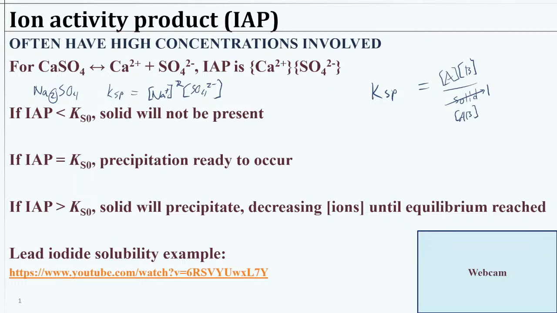Our ion activity product is much lower than the solubility product. Okay? We have no solids present. If it's equal, we are at that point where solids are starting to precipitate, going to have some precipitation, some of it going away. If we are above the solubility product, that's when the gold dust starts precipitating and we have solids forming. And that will decrease the amount of ions in solution until we reach that equilibrium.